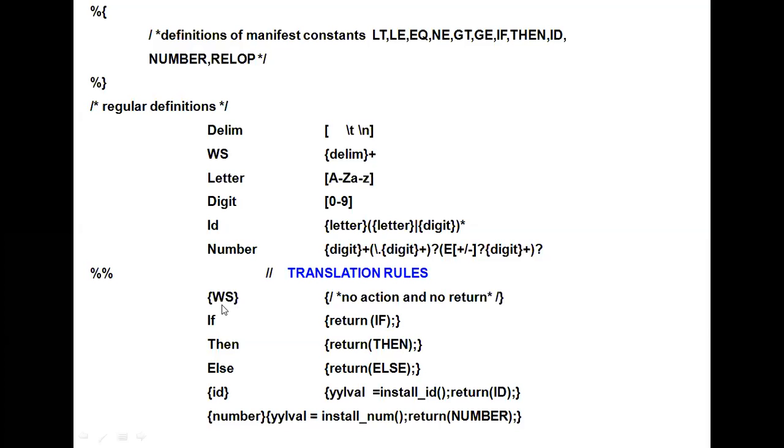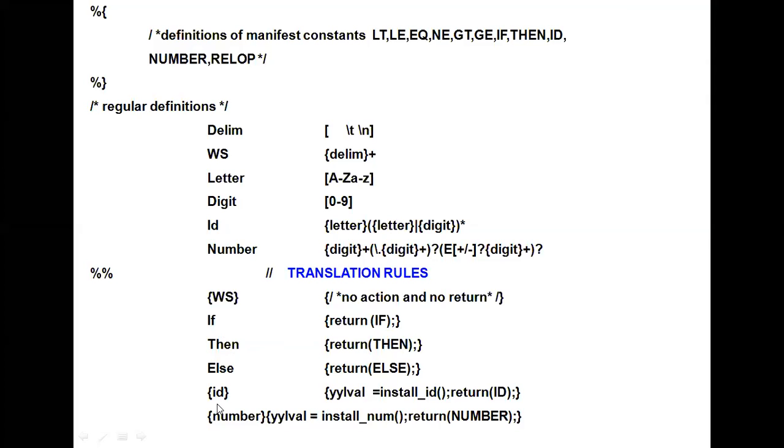So if the rule is WS, which is nothing but a white space, the action associated with this rule is no action or no return. If is a rule, and the action associated with it is that for if, it returns if, then returns then, else returns else.